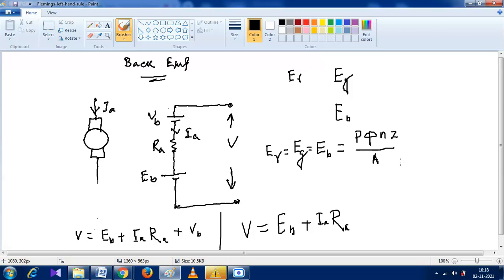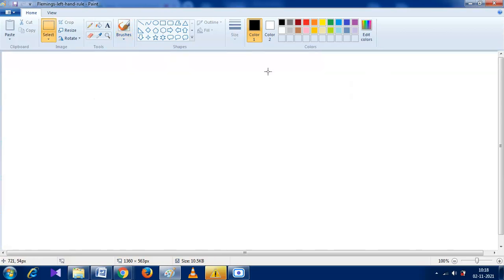Now our next topic is the torque equation. Write down the heading torque equation.